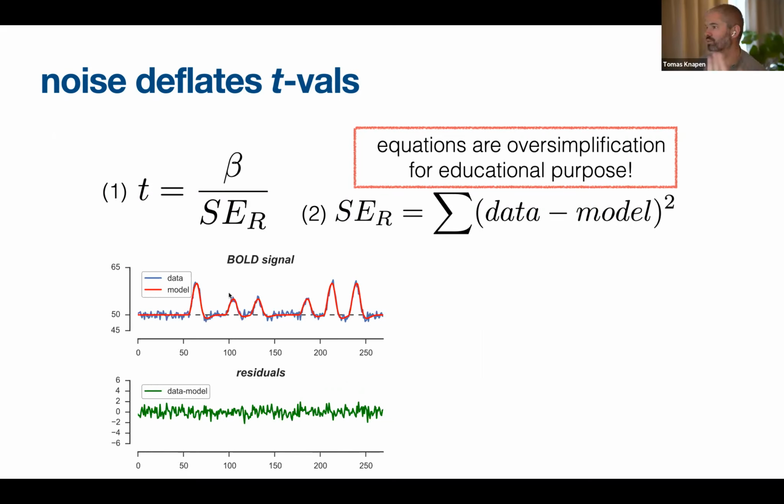So we get this y hat, as we called it in the practical. You remember? Great. So that's what we call the model here. That's y hat. It is the part of the signal that we explain. So that's this, and that's y hat.